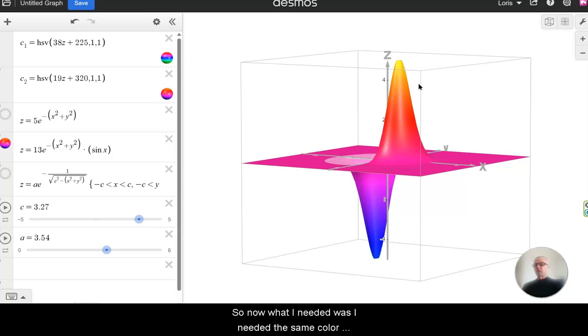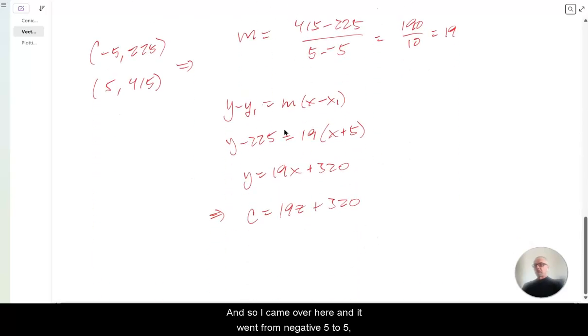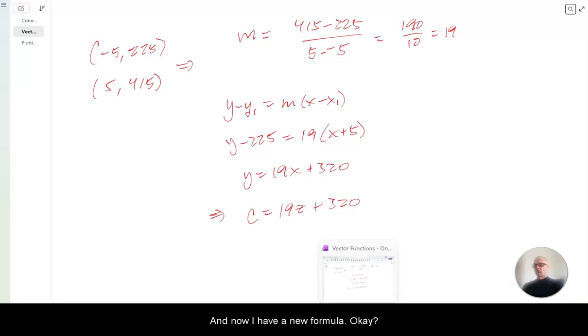So now what I needed was the same color wheel, but I needed to go from -5 to 5. And so I came over here, and it went from -5 to 5, from 225 to 415 like before, and now I have a new formula, okay?